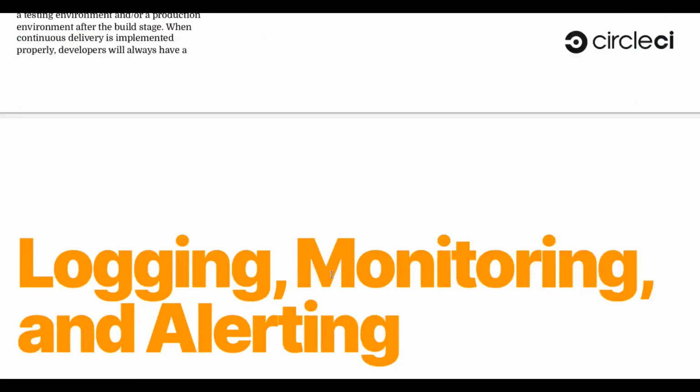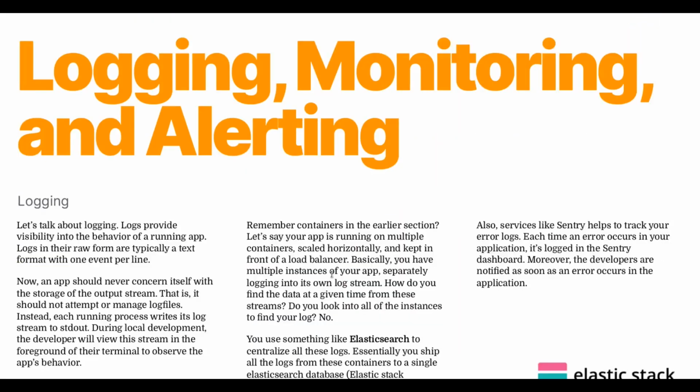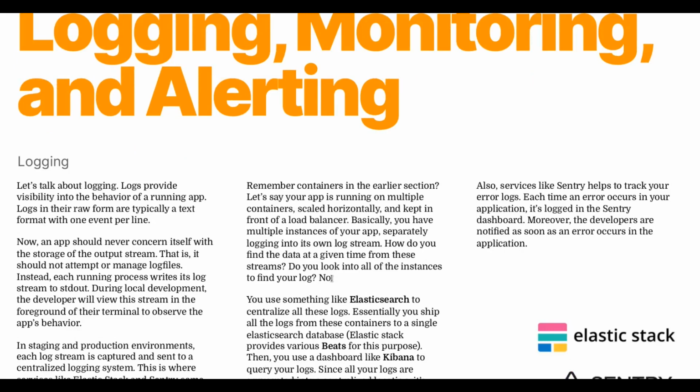And there is logging, monitoring, and alerting. Logging, monitoring, and alerting are very important, because they help you know the current status of your system and give correct information about it. Logging means, say you are deploying an application and you need to check the logs: what logs has it been producing?